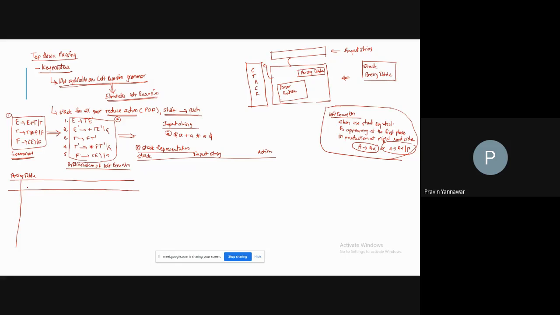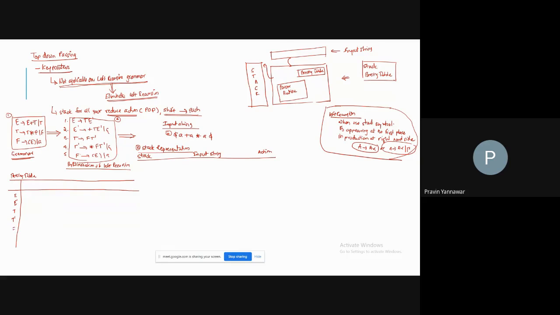So what are those non-terminals? Those non-terminals are E, then E', T, T', and F, right?